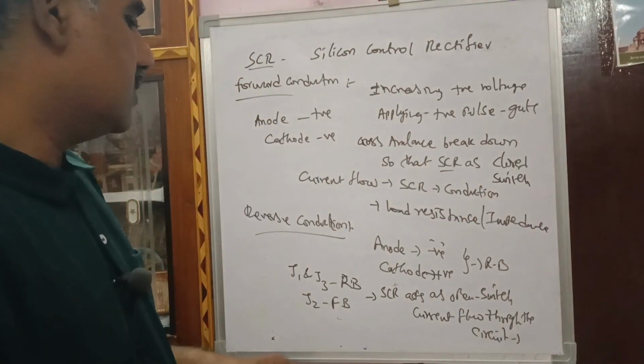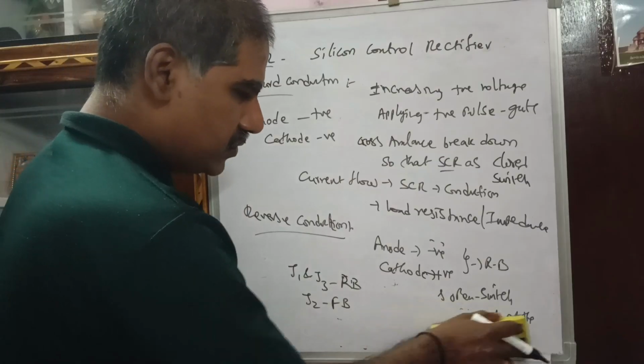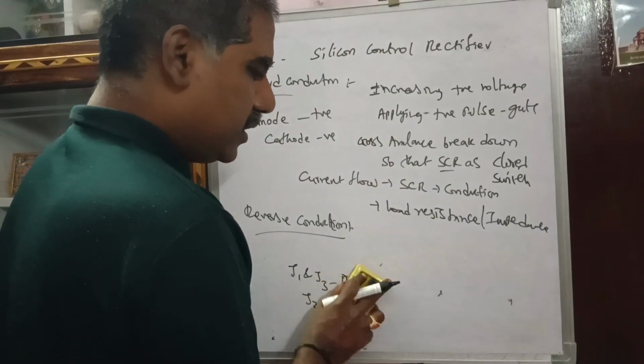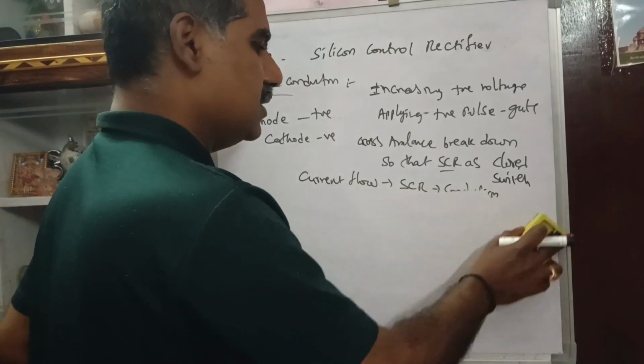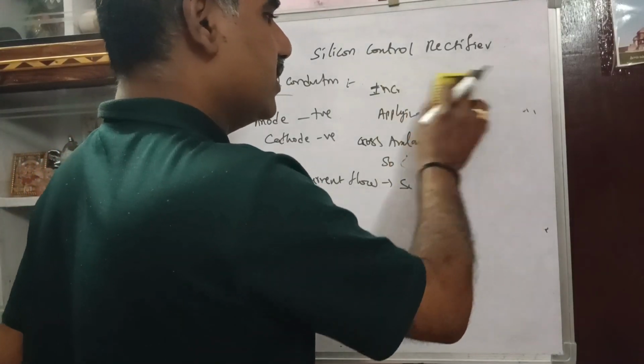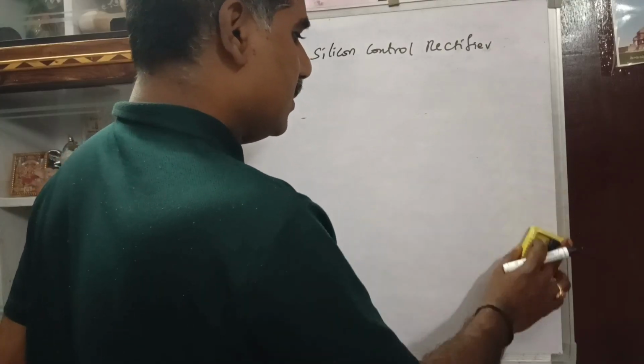In the reverse condition, the SCR is in the off state. In the conduction state, the SCR is in the on state. Like this, the three types of conduction are executed in the SCR.